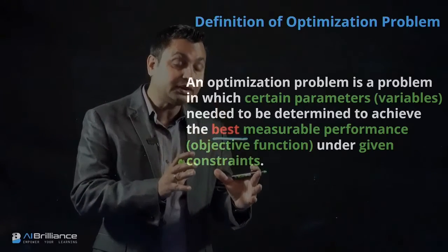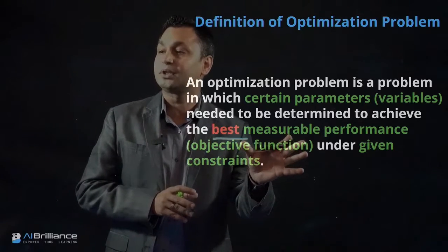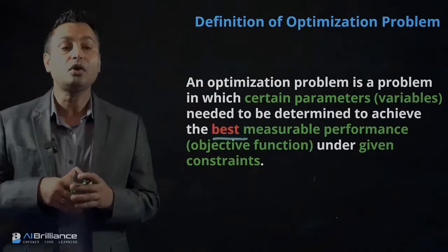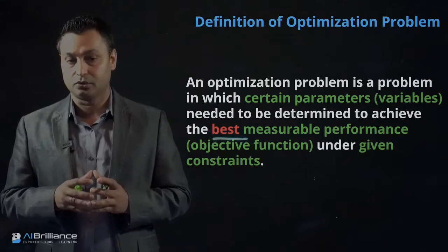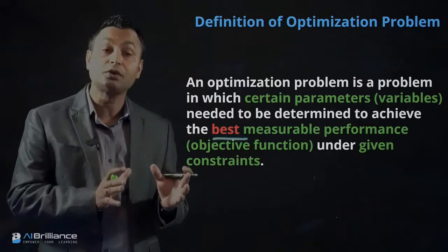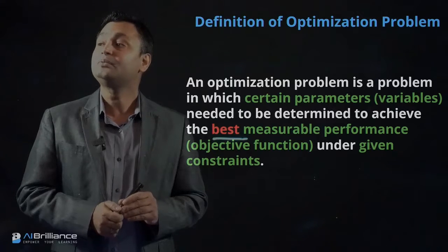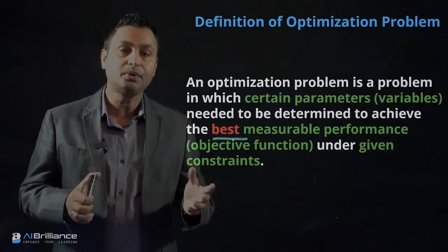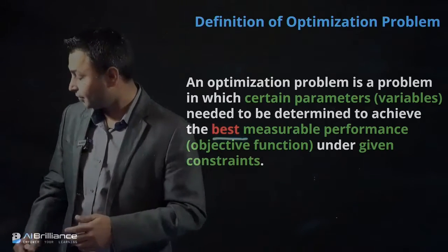Respecting those constraints and simultaneously achieving the best measurable performance is the goal of any optimization problem. That's what we formulated in the last couple of classes, and that's going to be the focus of this whole course. So with that, let's move on to some simple notations that you can see in optimization books and literature.